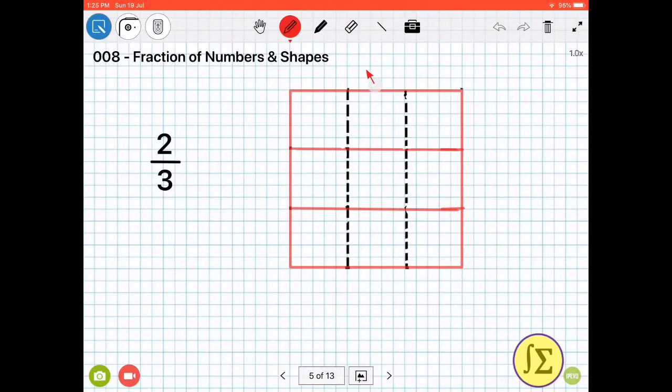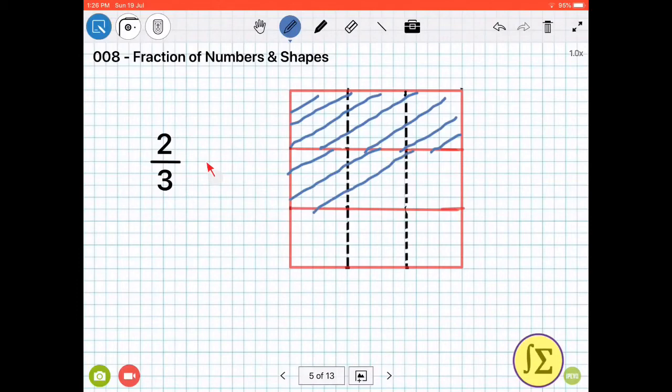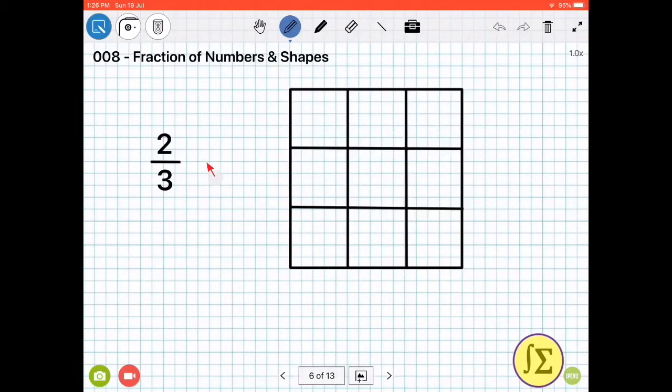It is still a square, the shape is the same, the size is the same, but instead of 9 equal parts, we divide them to 3 equal parts. Okay? Alright, now that we have done that, we can just shade 2 of it. That's 1/3 and 2/3.